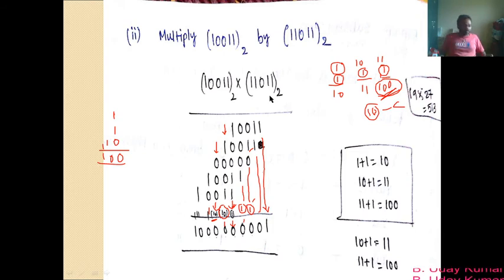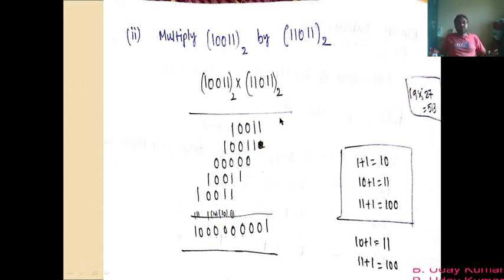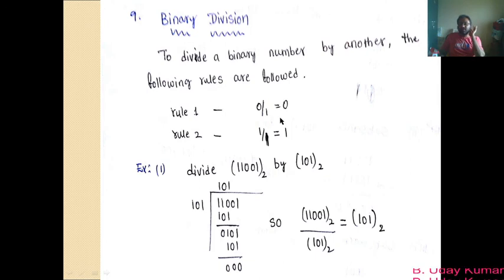Anyway, let us erase this one and move on to our next slide, which is binary division. How do we divide a binary number by another? We try to understand that here by taking 1 or 2 examples, not more than that. Since it is a division, there are only 2 rules. When you divide 0 by 1, you get 0, and when you divide 1 by 1, you get 1.